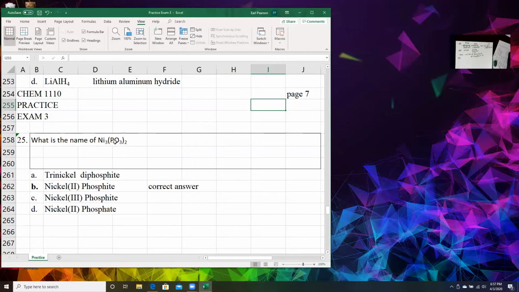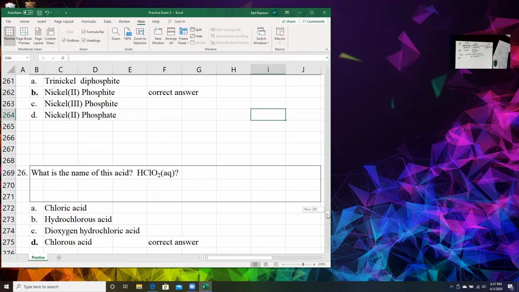Although that is phosphite and there are 3 nickels, we never use the prefixes like that except in nonmetal compounds, never when it's got a metal in it. So it is phosphite. You should have memorized phosphite is -3. So -3 times 2 would be -6, and 3 nickels has to be +6. Each nickel is +2. So this compound is nickel(II) phosphite. That is the correct answer.